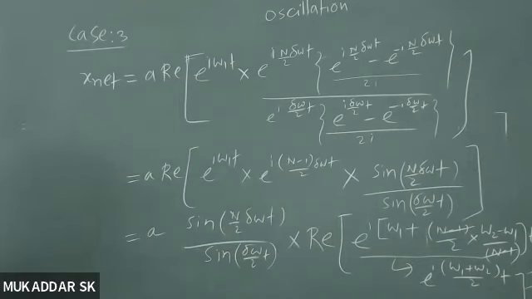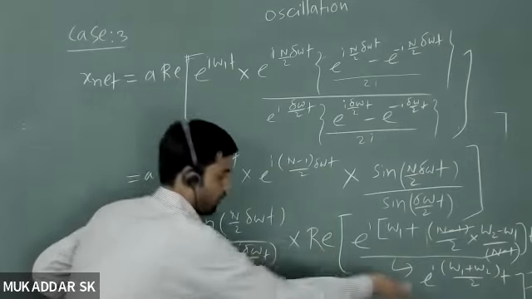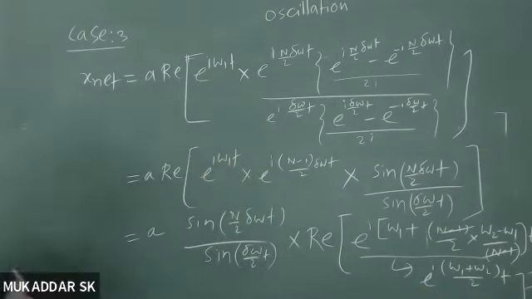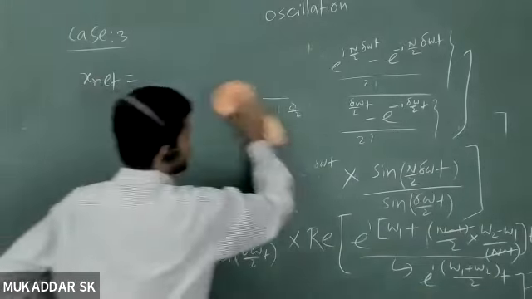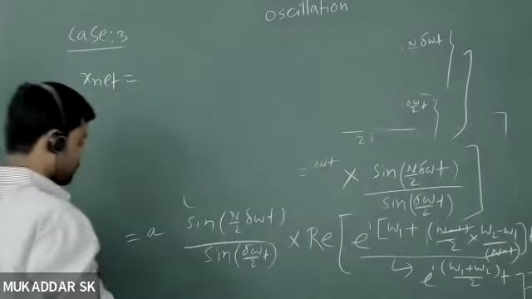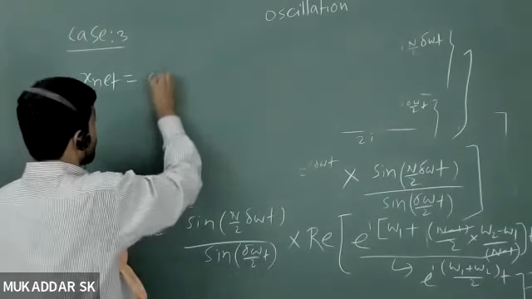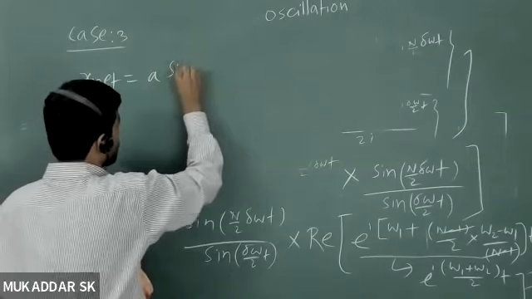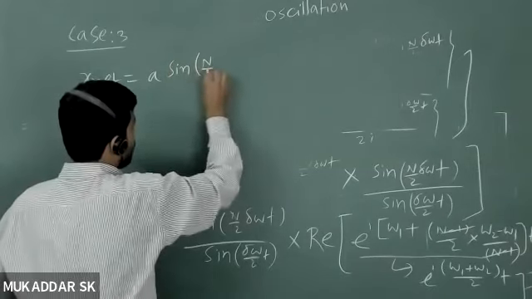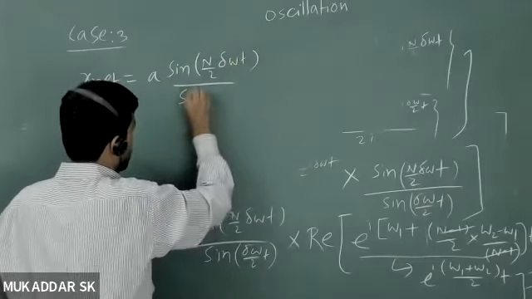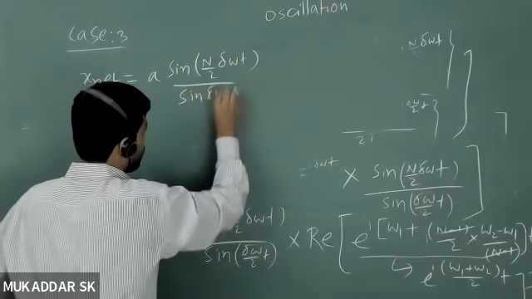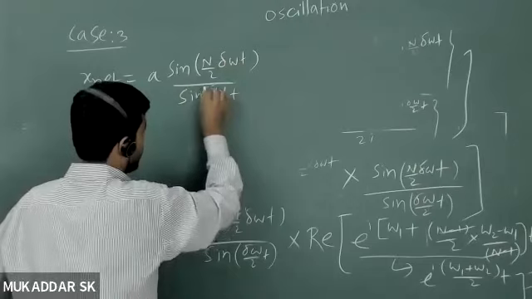And you have to take the real part of this function. If you take the real part, the net displacement will become a sine of n by 2 delta omega t divided by sine of delta omega by 2 into t.